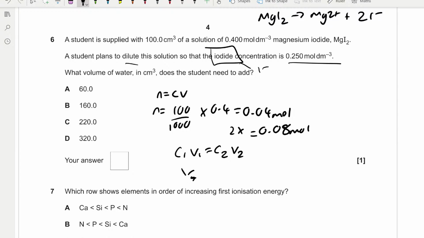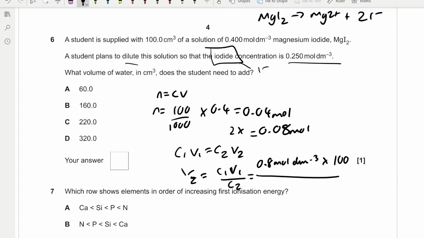So that's V2 equals C1V1 divided by C2, which is, so our initial concentration of iodide ions is 0.8 mol per dm cubed, times by the initial volume, which is 100 centimeters cubed, because that's what we're given in the answers.